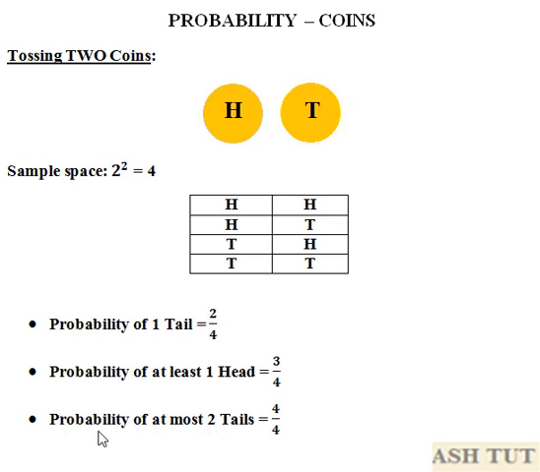And now the next question is probability of at most two tails. At most means maximum 2, but minimum can also be there. In the last set we have two tails, and in the second set we have one tail, which is also possible, because at most means maximum 2, and less than 2 is also possible.